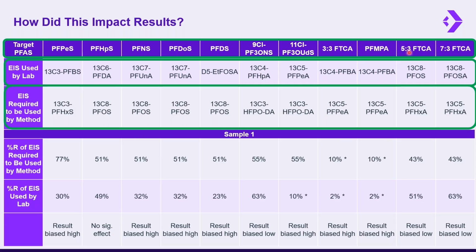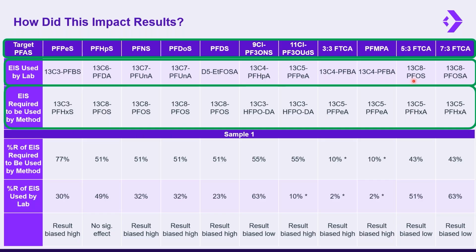If you look down here, 5:3 fluorotelomer carboxylic acid was quantified by the lab using a carbon-labeled isotope of PFOS instead of the required carbon-labeled isotope of PFHxA. So this carboxylic acid, 5:3 FTCA, was supposed to be quantified by a 6-carbon carboxylic acid, which does make sense, but was instead quantified by an 8-carbon sulfonic acid.